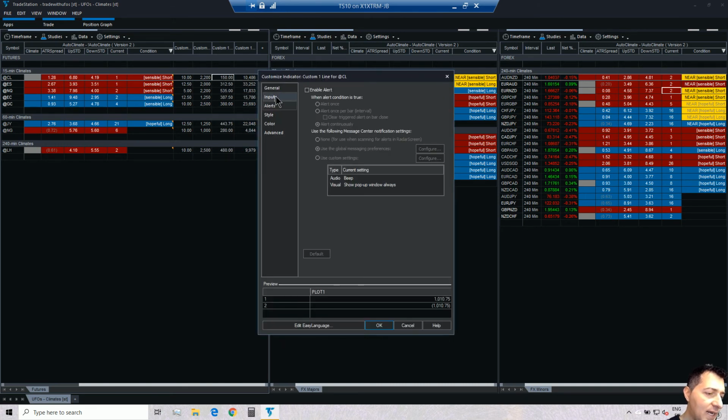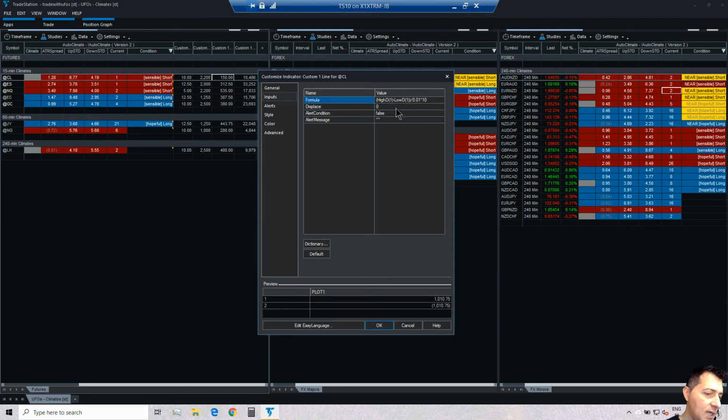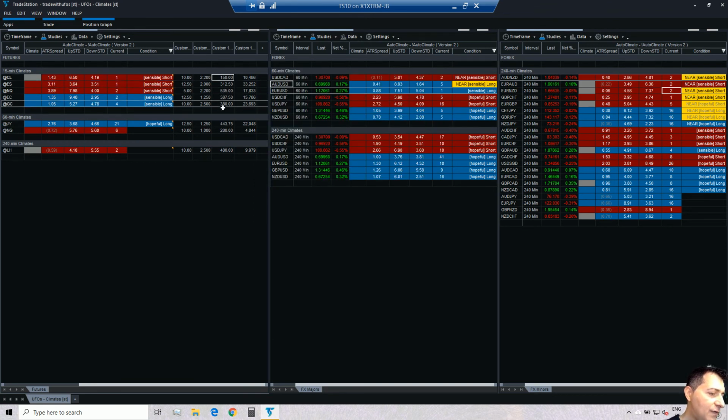The input is the difference between the high and the low, multiplied by a multiplier. That way you end up measuring per point, per day, times the point value, how much money you could make per contract. So it gives you a feel for the profitability of those different contracts.